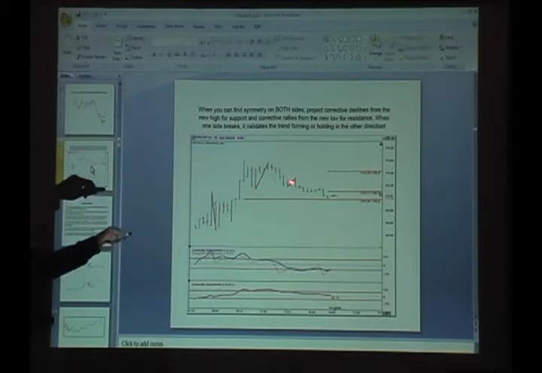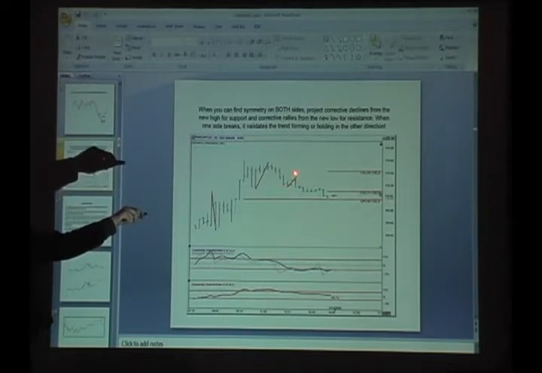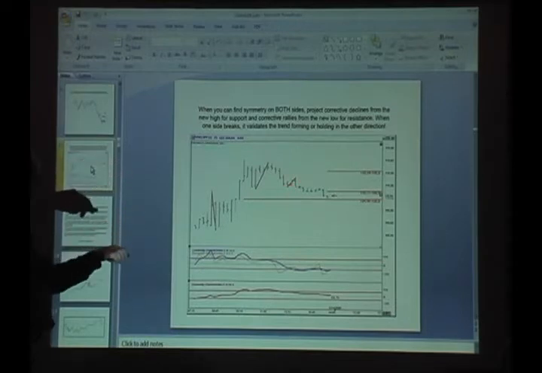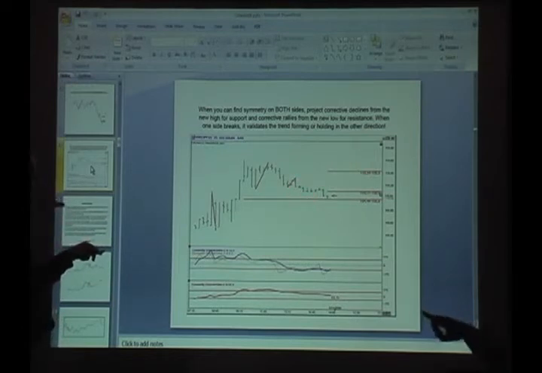Why? I chose the second one because a low was put in and then it started to rally after it. Then we have a high that becomes defined as a high once we take out, violate, exceed the low there. When the first one, the closest one to the low move, is violated, then you go backwards in time to the lowest low that's lower than it.